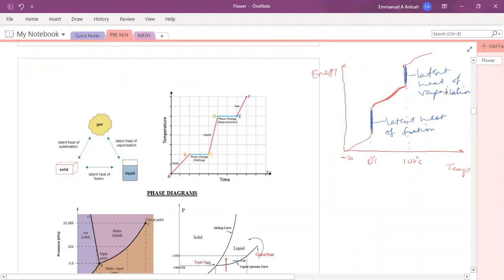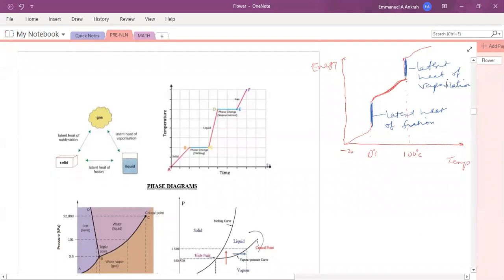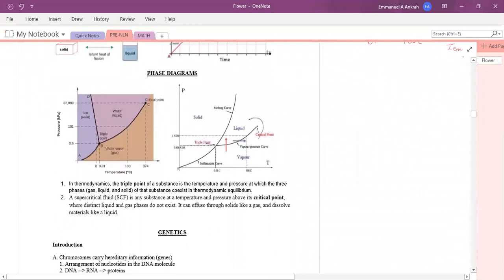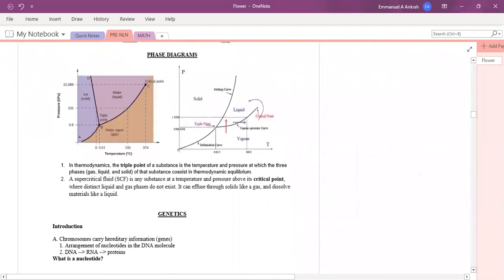There's another type of diagram that you also have to know, and that is what we call the phase diagram. So this is the phase diagram. Now the phase diagram is easy to answer questions on.